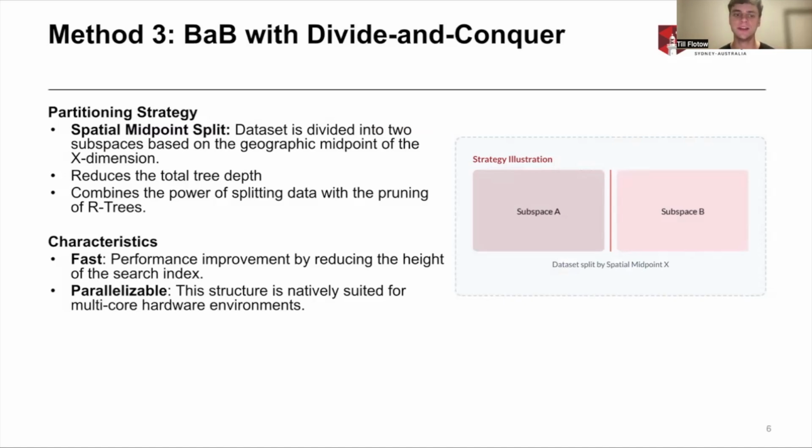By doing this, we reduce the total tree depth, and we combine the power of splitting data with the pruning efficiency of R trees. This structure is very fast because it reduces the height of our tree, and theoretically, it's parallelizable, but that is something we did not implement, but which could be a further improvement.